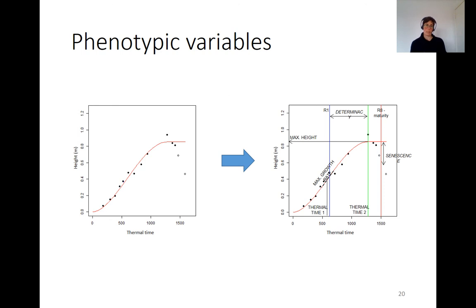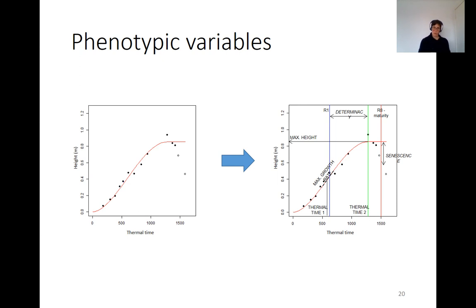So here it's in terms of height. But we can also do something similar with, for example, the canopy cover, so how fast the crop covers the soil, and we can also derive some biological parameters that we can link to traits like first coverage, how successful the establishment was. We can also calculate growth rates, etc.